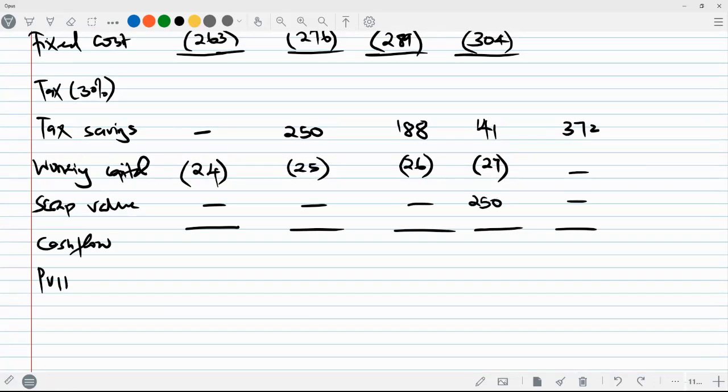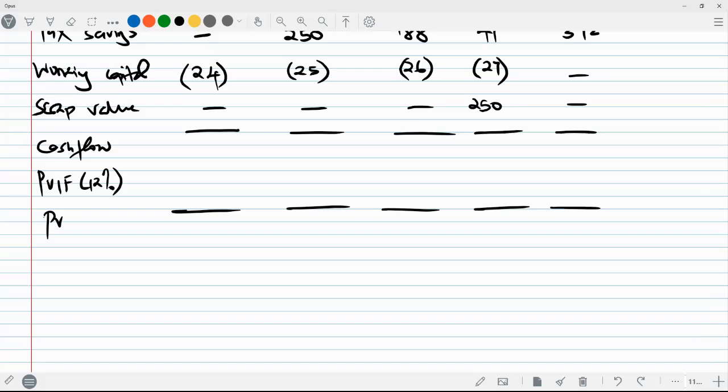Since these are nominal, we discount at the nominal rate of return, and the nominal rate of return for this investment is 12%. Okay, you get the present value, year 1 to year 5. Then you get the NPV, you sum the present values of cash flows, the one you're going to obtain above there, to the nearest 1,000, maybe.